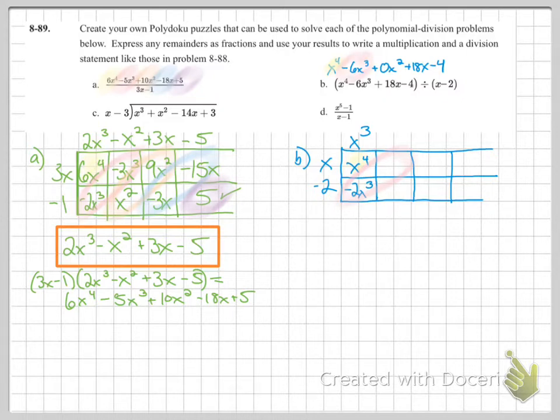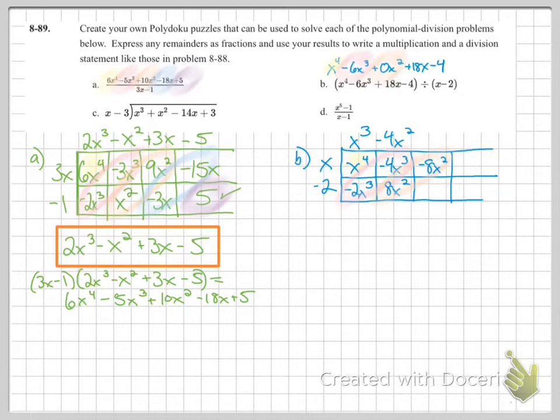I have negative 2 now, so I need negative 4 more. Left times the top. Bottom left times the top. That next diagonal is supposed to equal the next term. Remember, this is where that 0x squared comes into play. So if I have 8x squared, I need negative 8x squared to make that become 0.